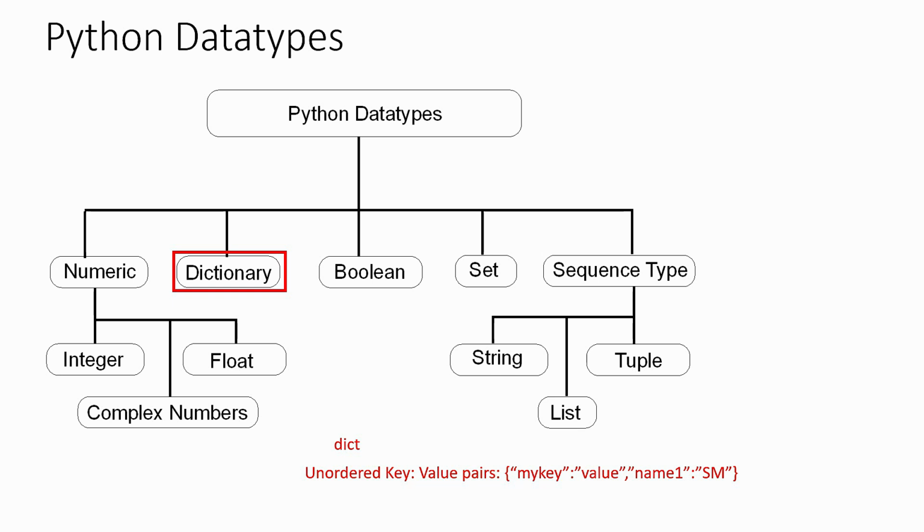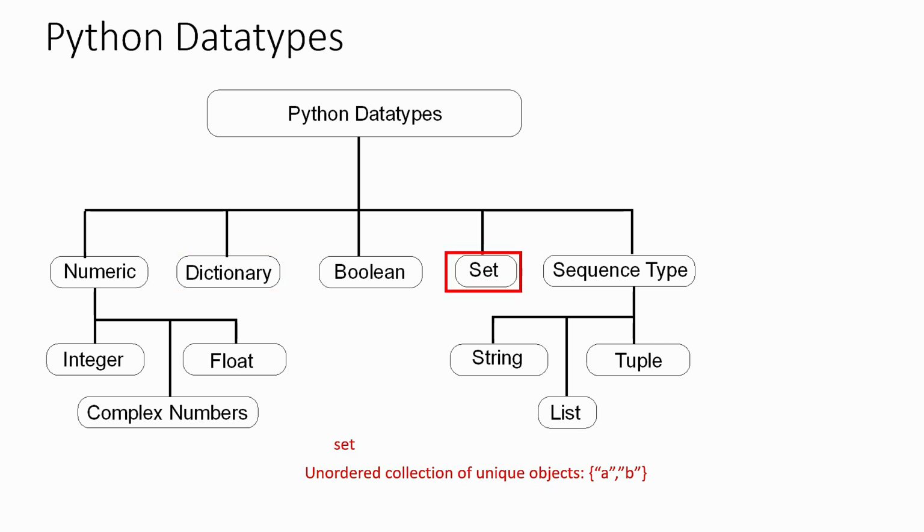For example, you can see my key is the key for the unordered dictionary, and the value for my key is value, and name one is the key for the second entry, and SM is the value for name one.